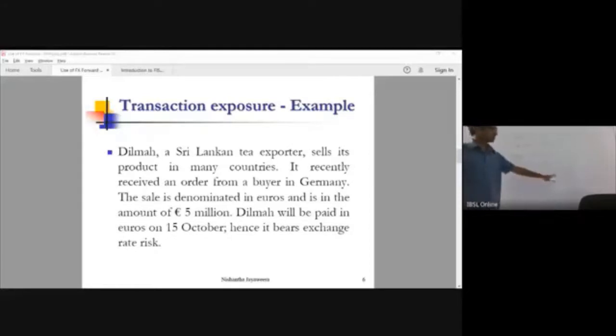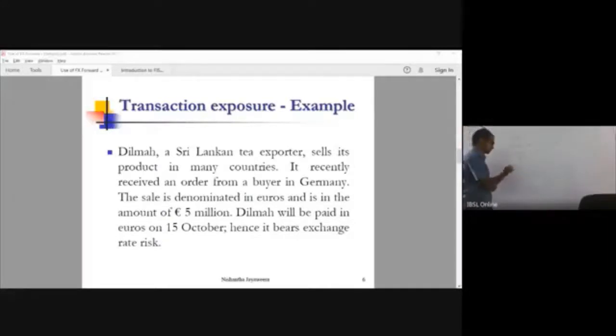Now he knows based on this, for 1 euro he gets 210 rupees. But the payment will be received in October. The price of 1 kilo is 2 euros.